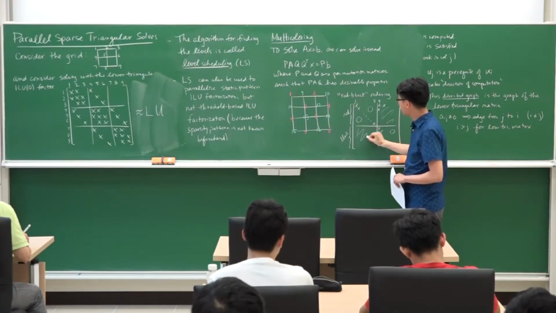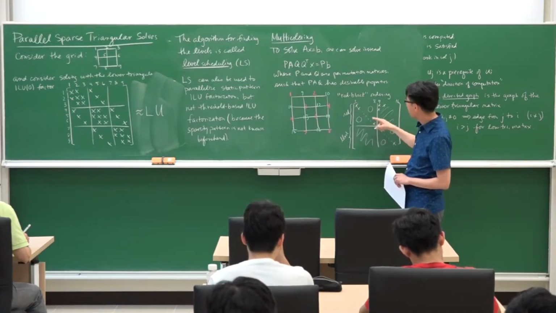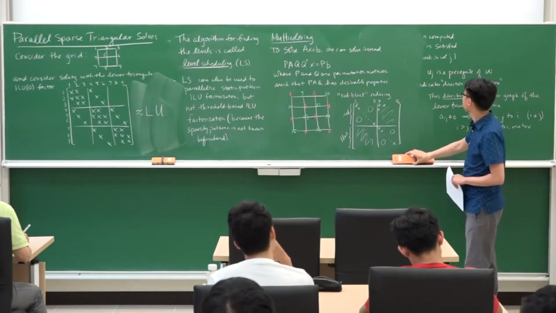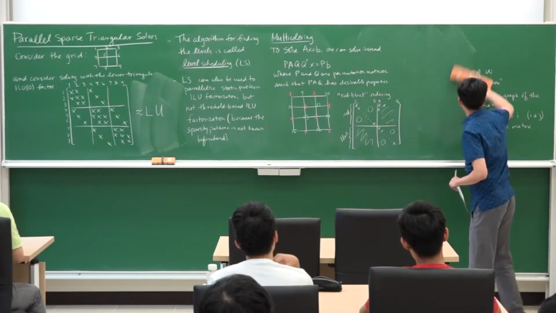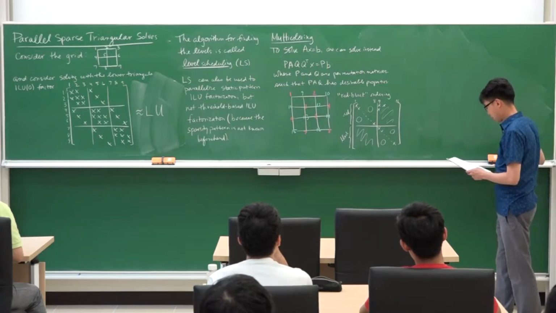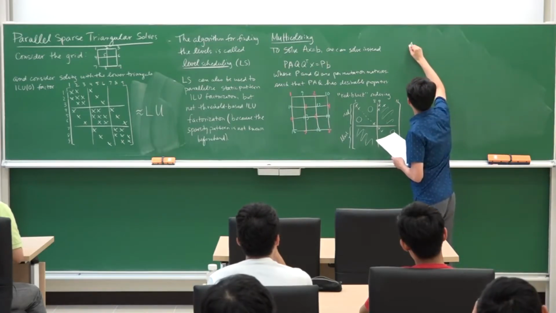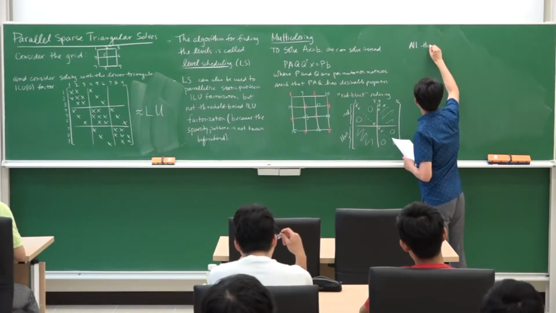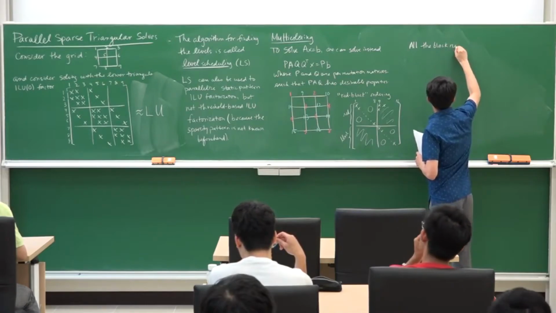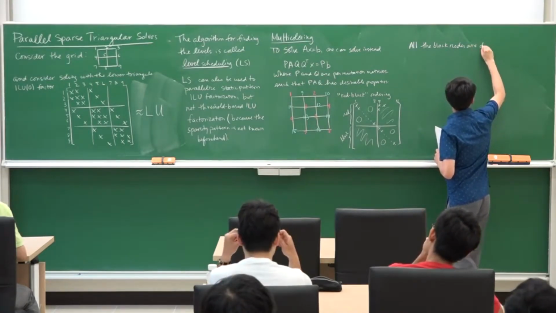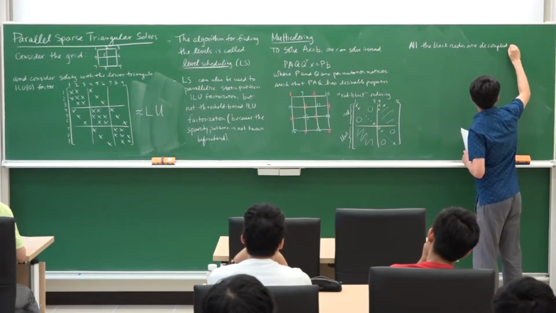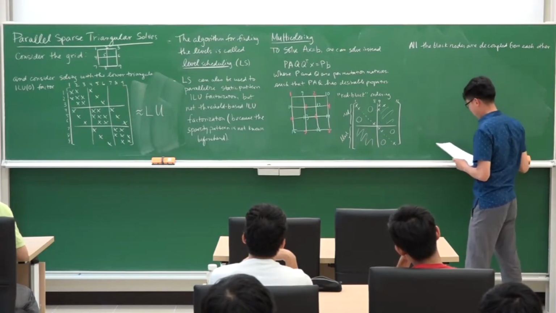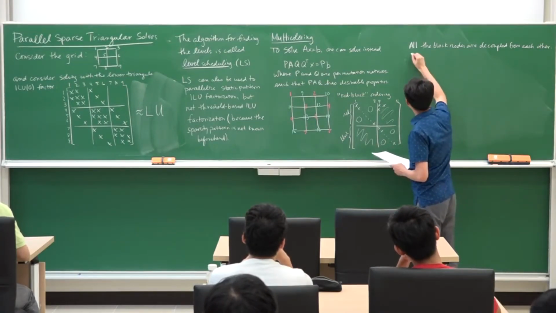And we might have things over here because these are the couplings between the black and the red nodes. Okay, so all the black nodes are decoupled from each other. And all the red nodes are decoupled from each other.